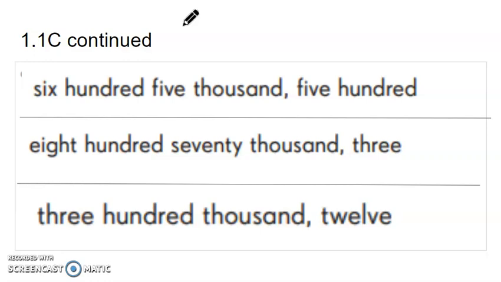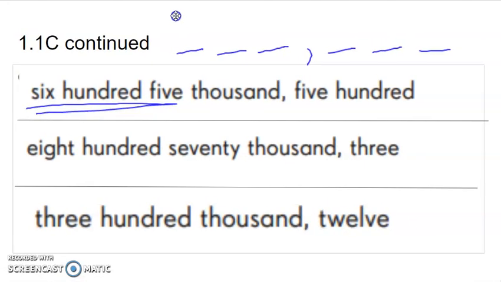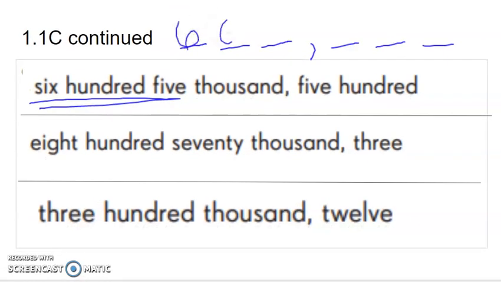So if I know I have 605,000, so I know I'm not going to be in the millions. I'm just going to have something before the thousands and then something after. I draw the spaces to help me remember that I need a number for each of those. So I have 605,000. Well, I can write 605. Oopsies, sorry about that. 605,500. 500 goes after. All right, that one wasn't too tricky.